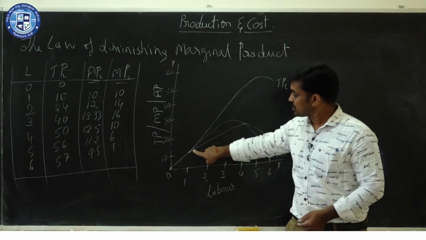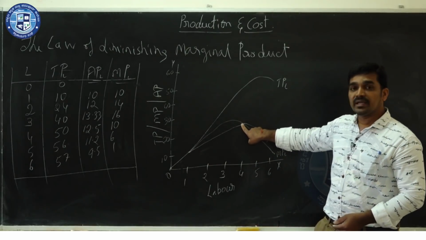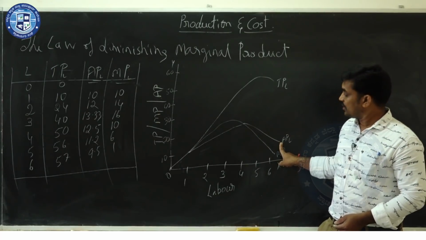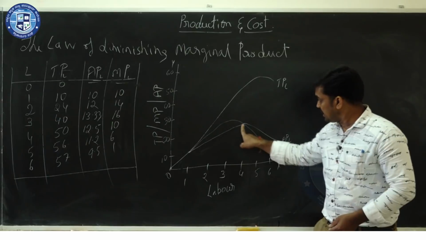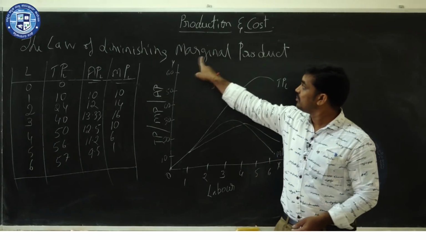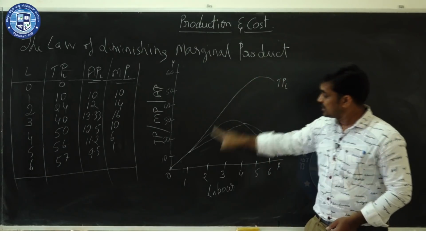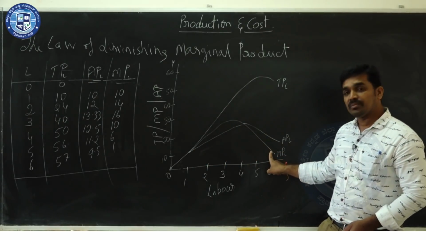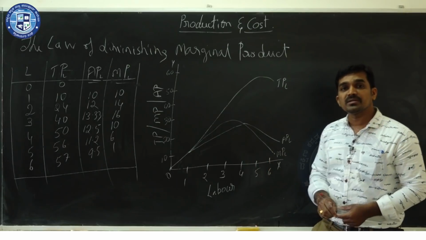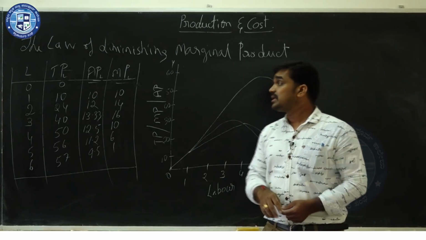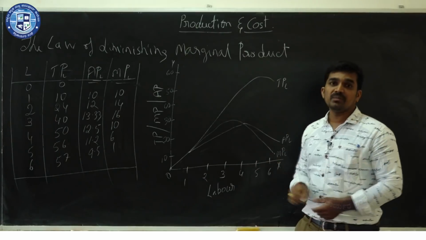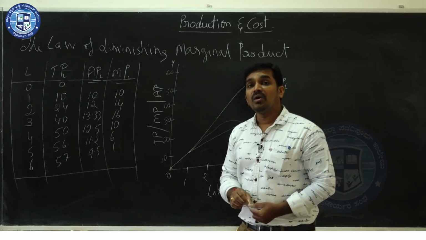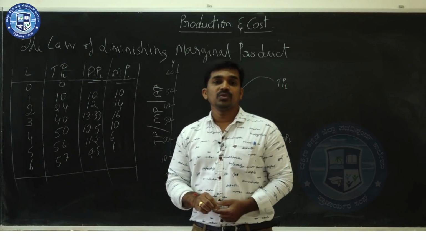Average product also initially increases, reaches a maximum, and then falls. This tendency, initially increasing and after a certain point marginal product falling, indicates the law of diminishing marginal product. It is also called the law of variable proportion.